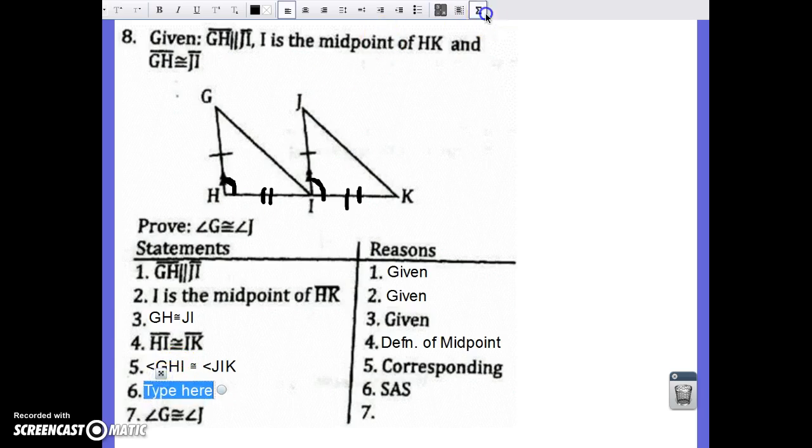Triangle GHI is congruent to triangle JIK. Oh, wrote in the wrong spot. Sorry about that. JIK.